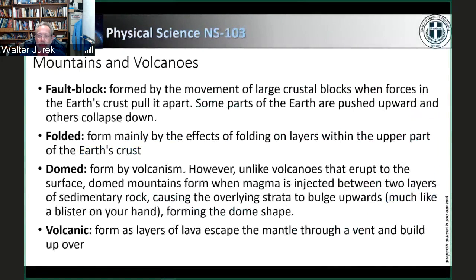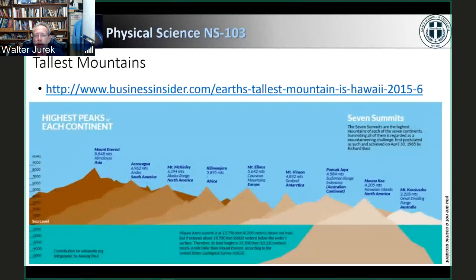All righty. So four kinds of mountains and the tallest mountains on each continent. Mount Everest, 29,028 feet above sea level, or for those of you that use the metric system, 8,848 meters. That's in Asia. Down in South America, Aconcagua, 6,962 meters, just over 20,000 feet above sea level.